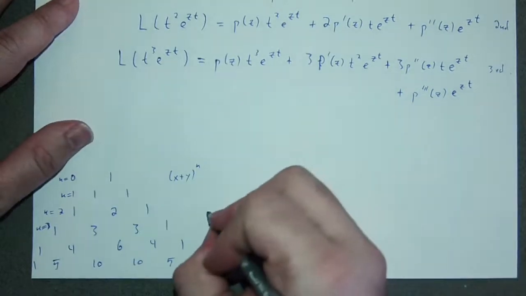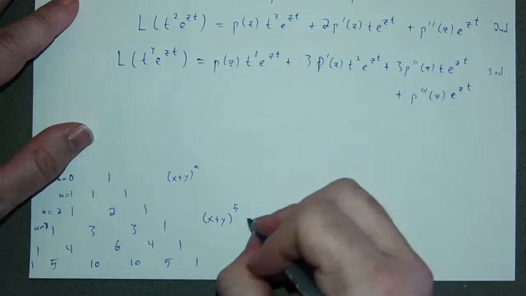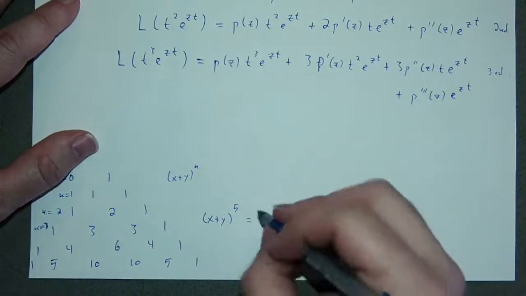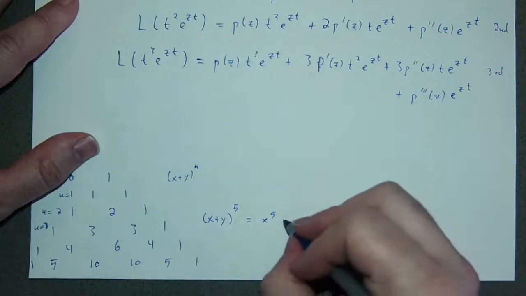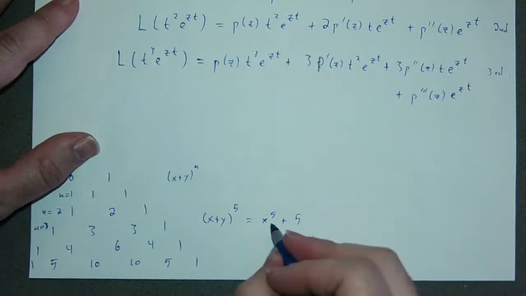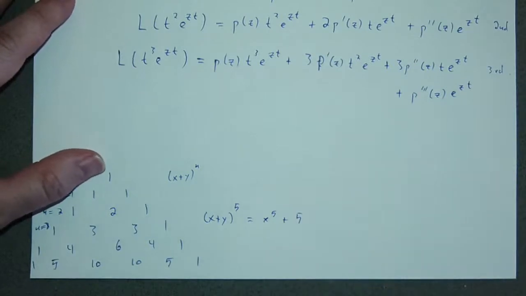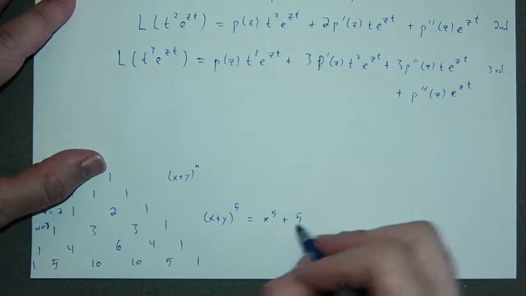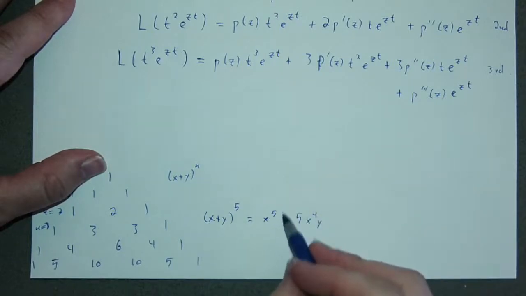So for instance, x plus y to the 5, using this same table, is what? It is 1 times x to the 5th plus 5 times x counts down, y counts up. You can do it the other way too. It's fine. This is a symmetric thing. So x to the 5th plus 5, x to the 4th y. Here the y term was to the 0th, right?